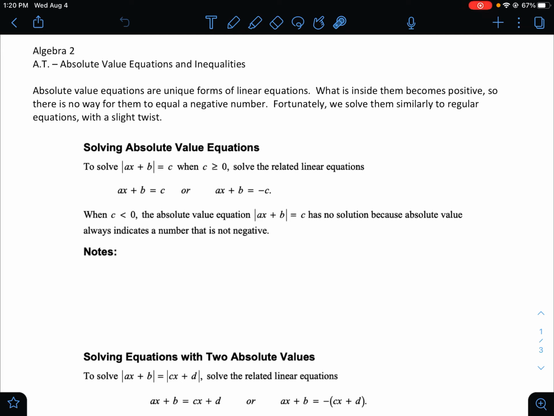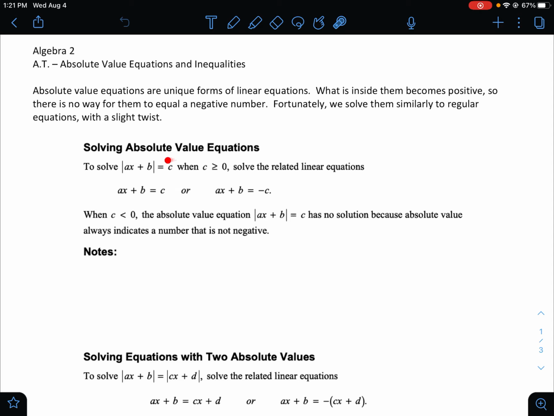First of all, we have to remember something about absolute values. Anything in this absolute value has to turn out a positive number. So C has to be a positive number, or it could be 0 too, but it cannot be negative. If you remember anything about absolute values from Algebra 1 or grade school, absolute values turn everything positive, so the answer to an absolute value can never be negative.